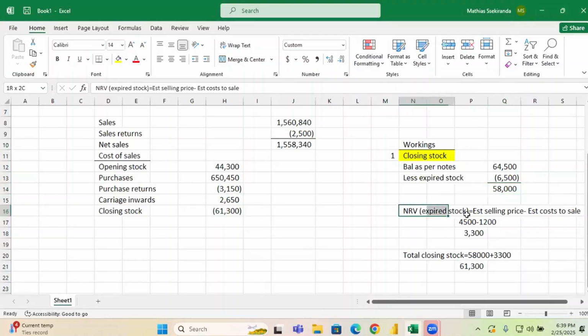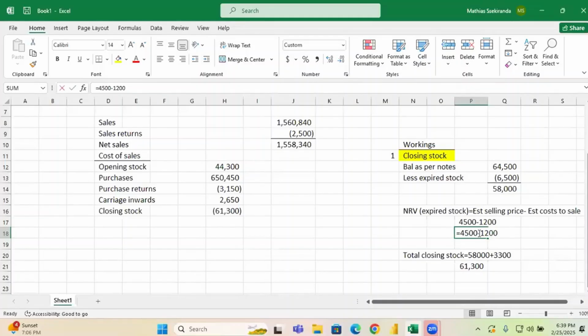Then you deal with that inventory separately. They are telling us it can only be sold at 4.5, but after incurring 1.2 as sales commission. It means the net realizable value is the estimated selling price minus estimated cost to sell, giving you 3.3.